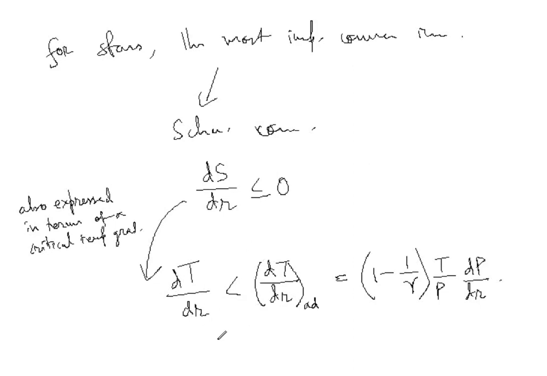Now, you can say a region is convectively unstable if its actual temperature gradient, this one, is steeper than the adiabatic temperature gradient.